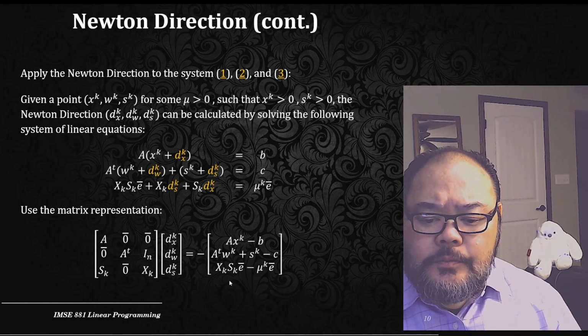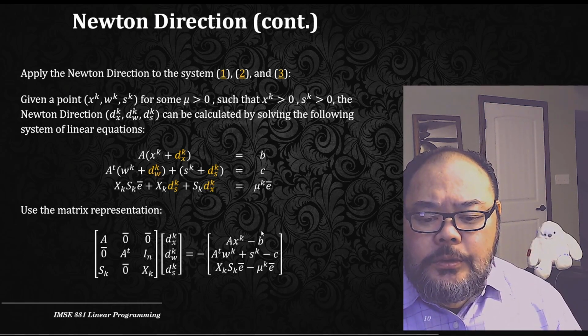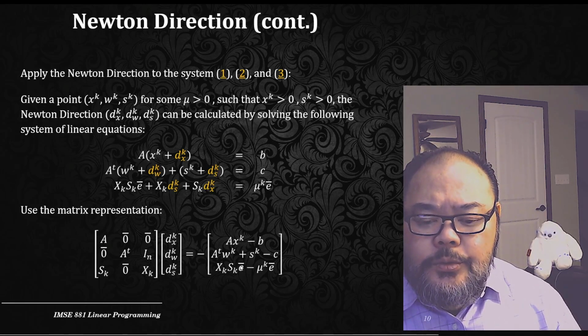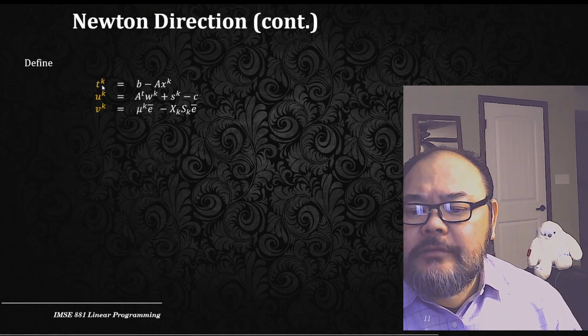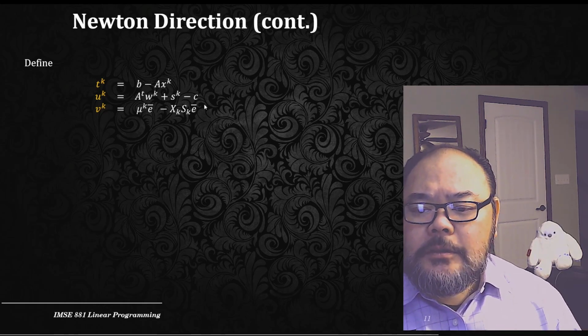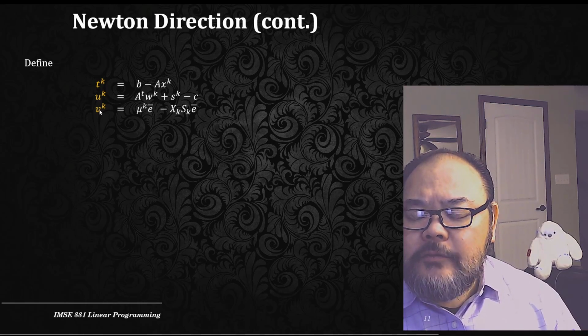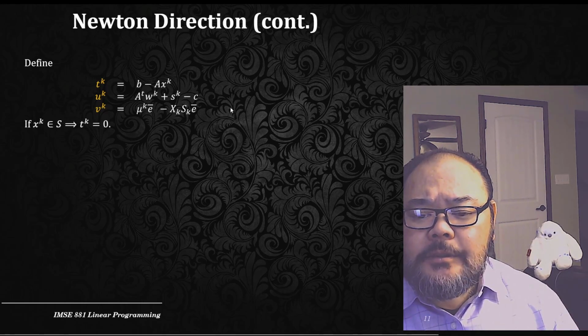We're using temporary variables to represent the right-hand side. We'll call them T, U, and V. Let's look at the next slide. Tk is b minus A times xk, and uk represents A transpose times omega k plus sk minus c. And finally, vk represents mu k times e minus Xk times Sk times e.